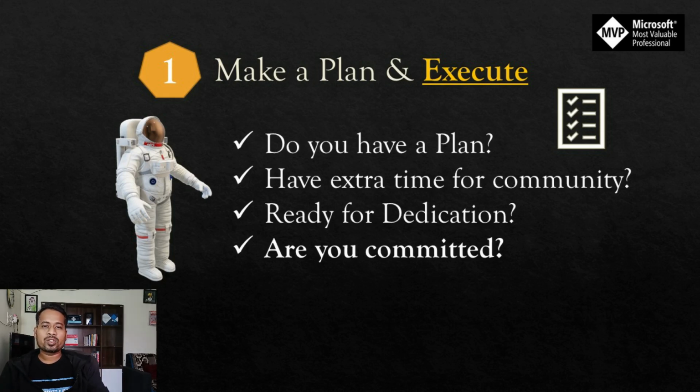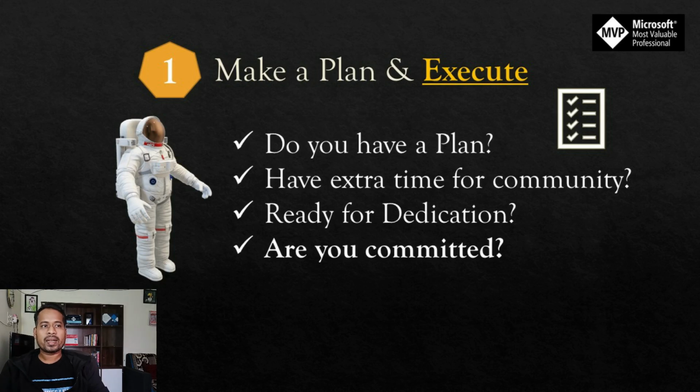You write many things to do in a daily task, but how many of you complete all those tasks? I'm sure you are not completing all the tasks, right? So like that, MVP is a dream means you have to plan it properly, and just planning is not important. You have to execute it properly, right?